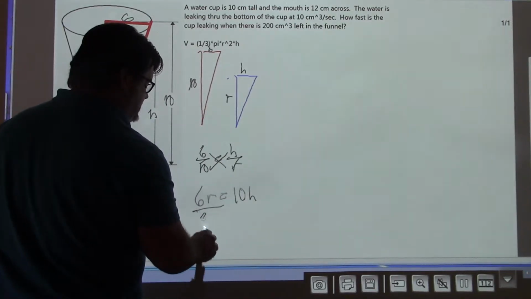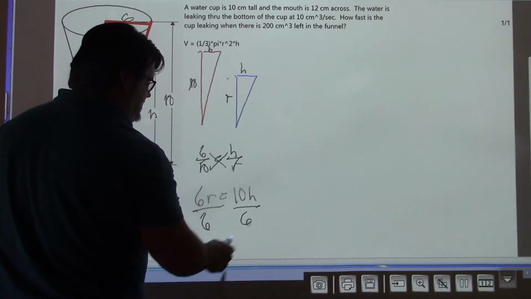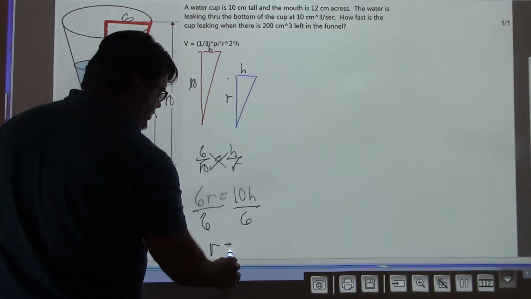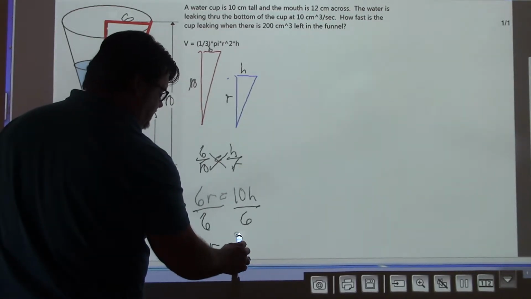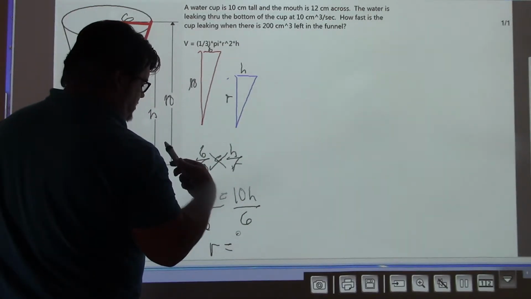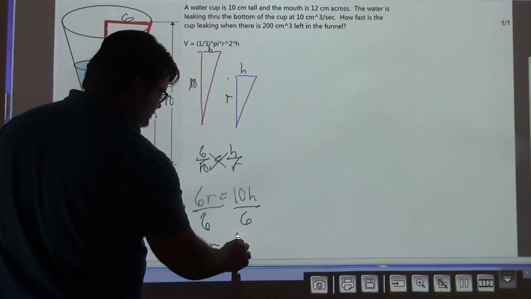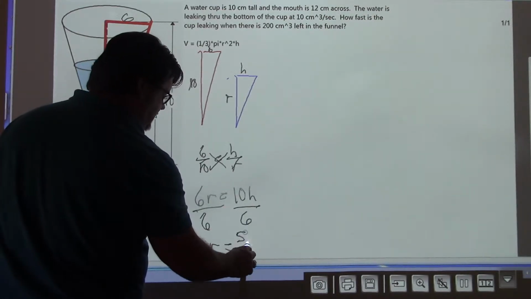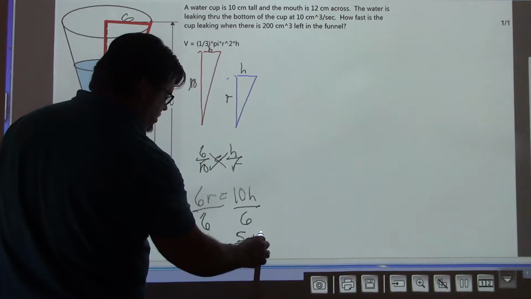Divide by 6, because we want R to be our isolated variable. This will be 10/6, that's 5/3 H.